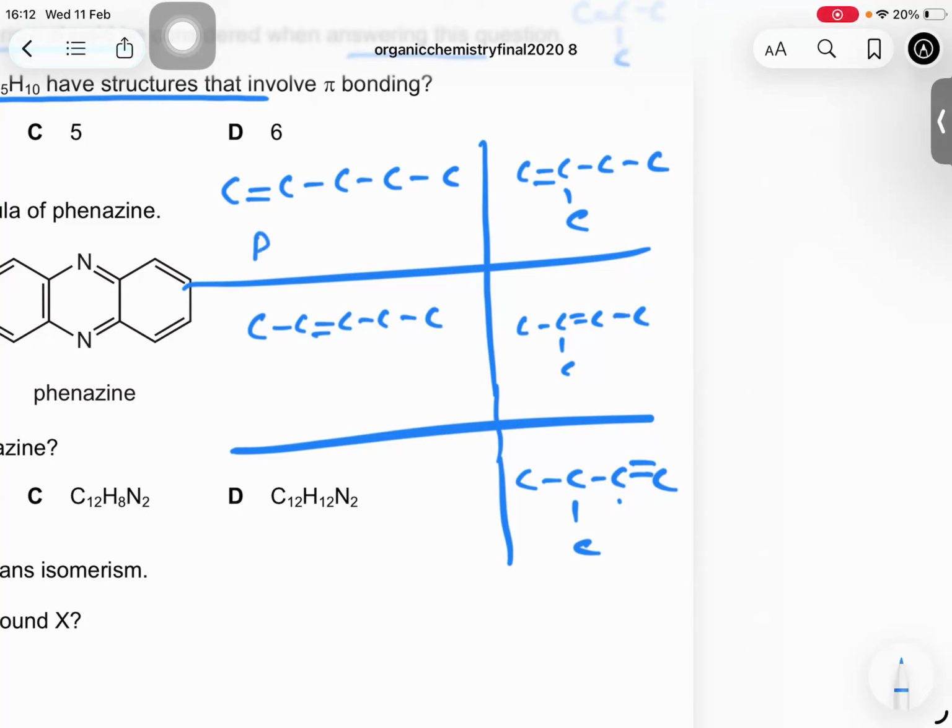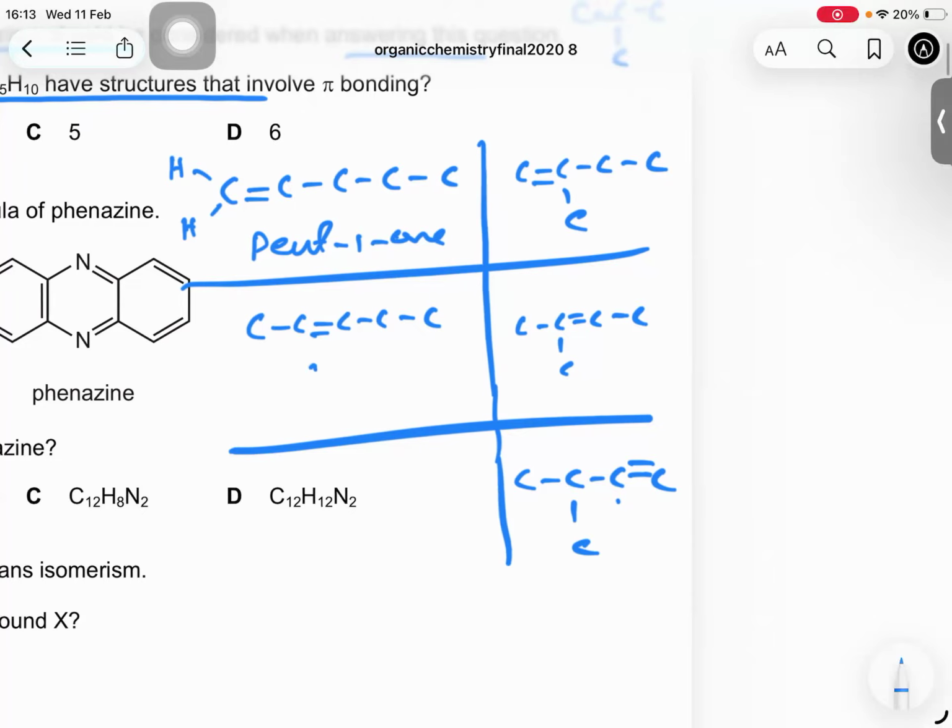पहले वाला pent-1-ene में तो cis trans नहीं होगा, pent-1-ene cannot have cis trans, pent-2-ene can. सो इसमें तो cis trans नहीं है और optical भी नहीं है. But sir, pent-2-ene can have cis and trans.